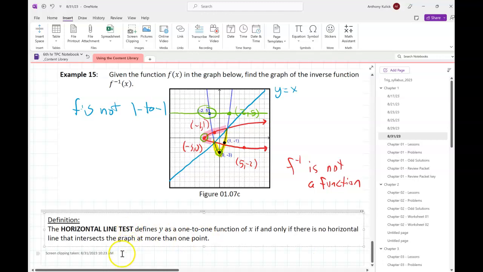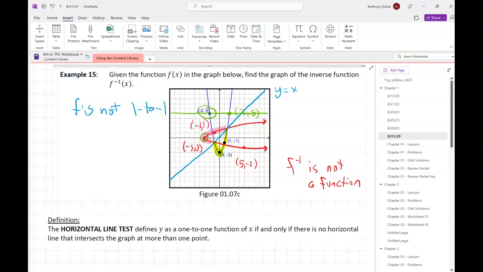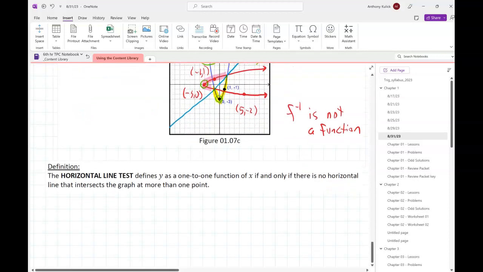So we say the horizontal line test defines y as a one-to-one function of x if and only if there is no horizontal line that intersects the graph at more than one point. So what do we have here?